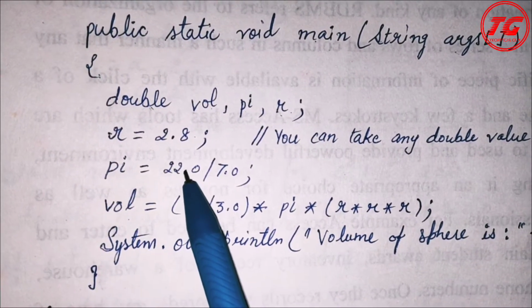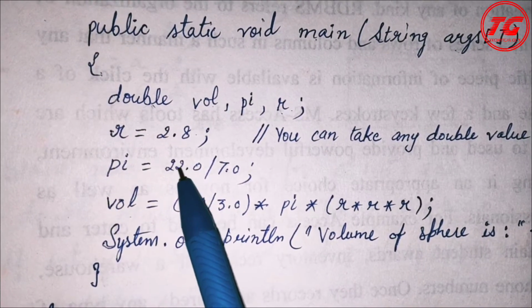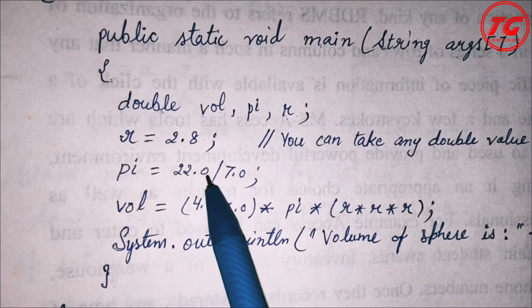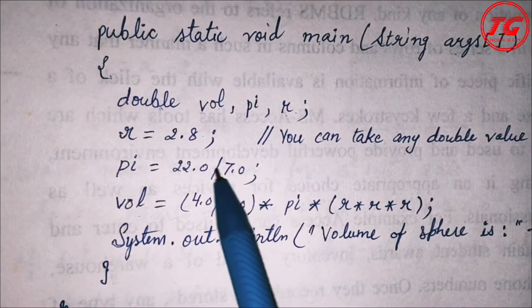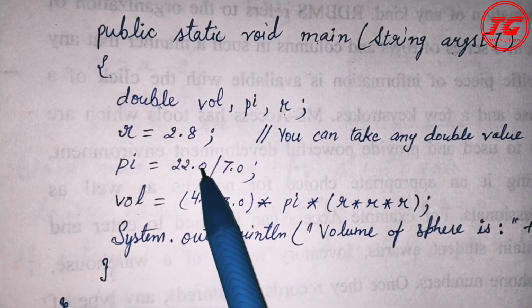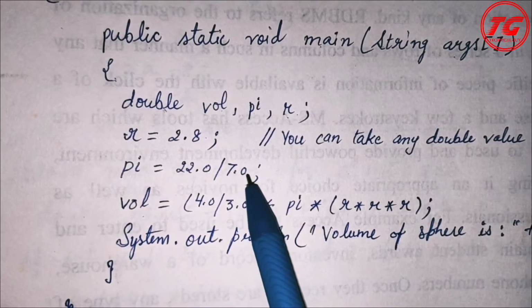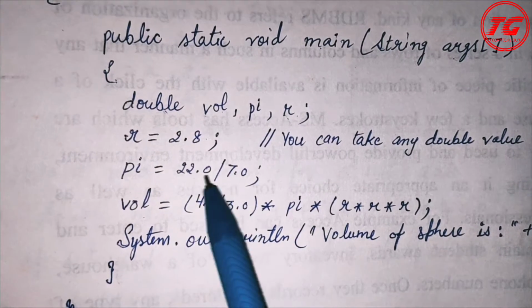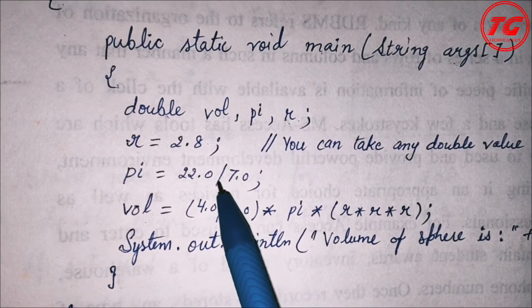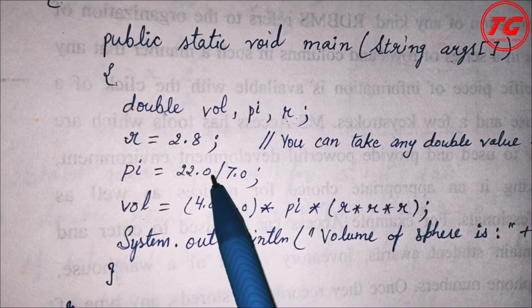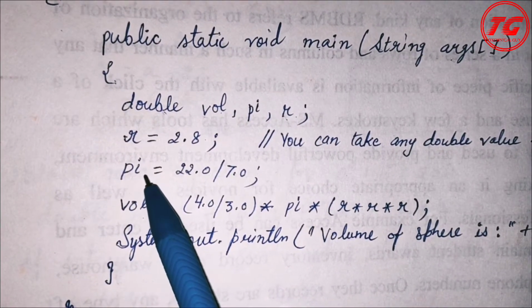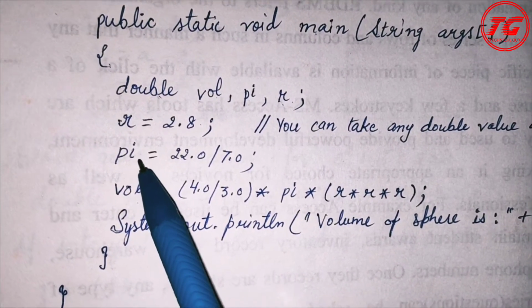Value of pi you can take 3.14, or you can write an expression 22 over 7, means 22.0 is a double value, 7.0 is also a double value. So we will divide these and the result automatically will come 3.14 something, and that will be the value of pi.